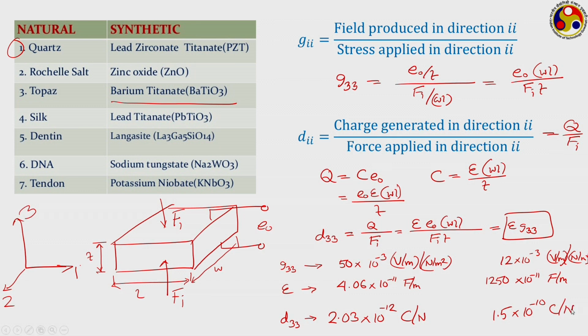This way we can get an idea about how much charge has been developed for every Newton, and once we get the measure of E naught, we can relate that to the corresponding value of D, and once we know D, we can calculate the corresponding force, which can subsequently be related to the displacement.